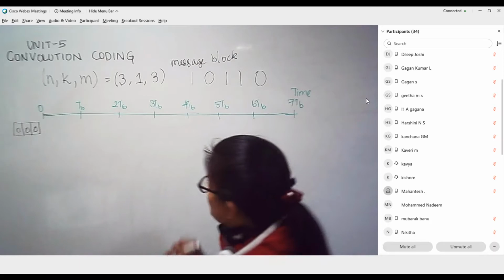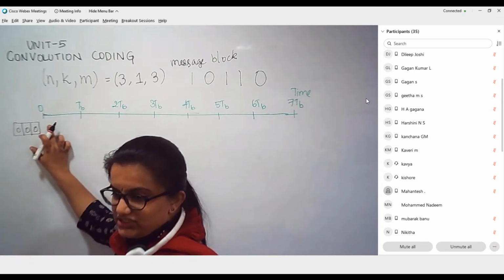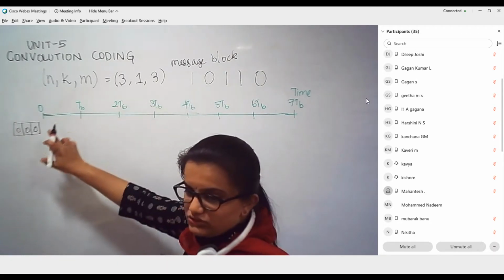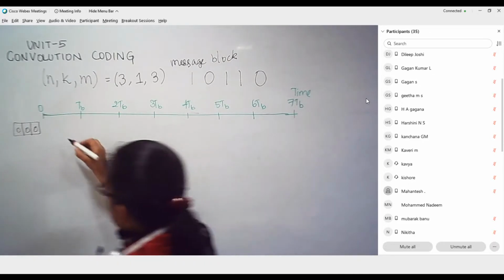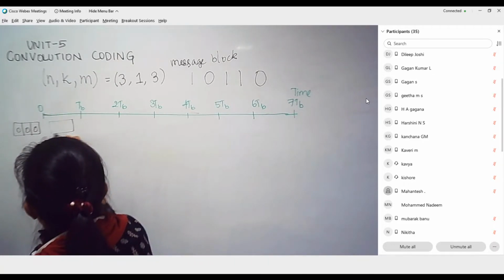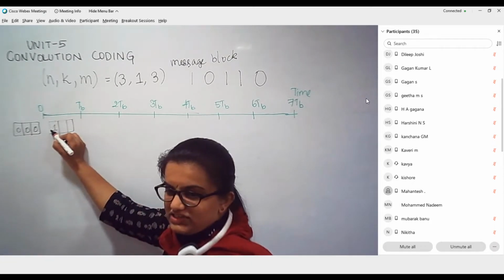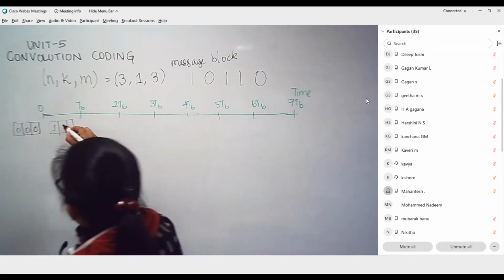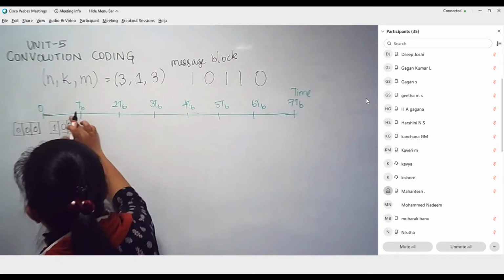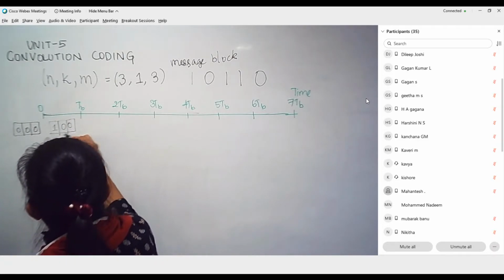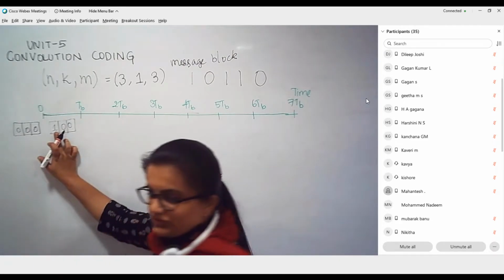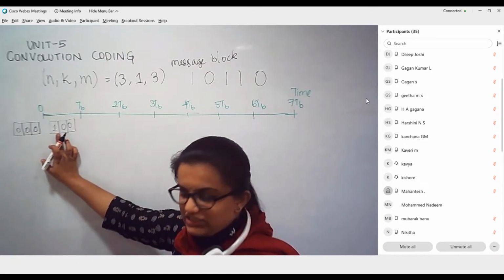So into the system, only 1 bit goes at a time. Therefore, at the 0th time instance, the first message bit is going to enter into the shift register. So the contents within the shift register are going to be 1. It will enter at the extreme left, the rest gets shifted to the right. So what is the combination? The flip-flop combinations are 1, 0, 0.